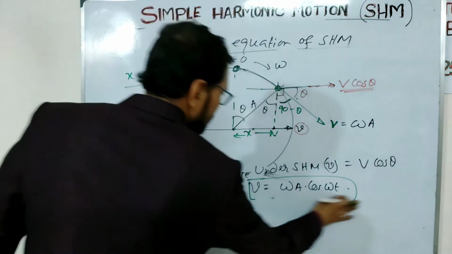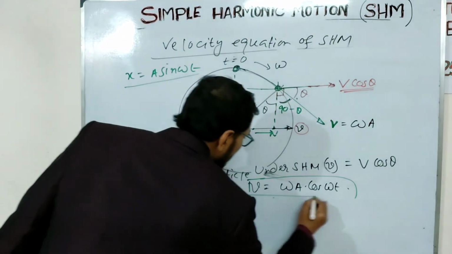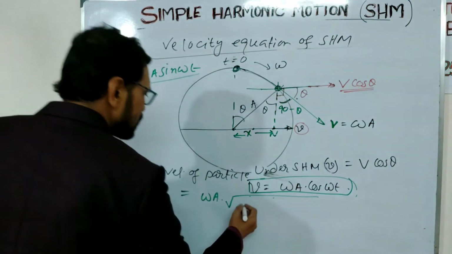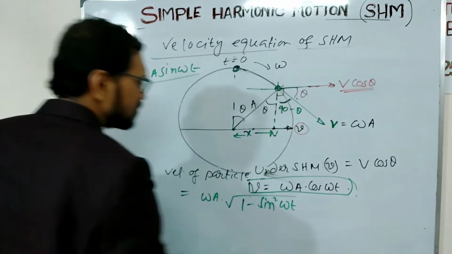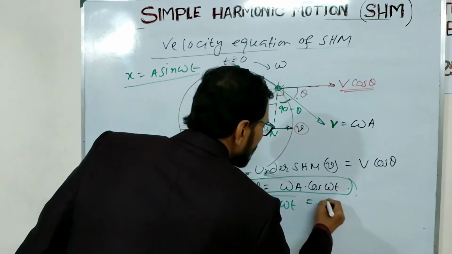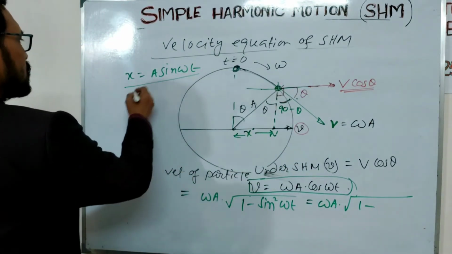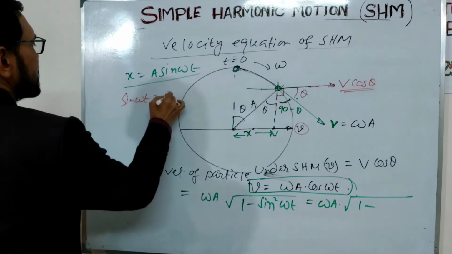So put here omega a into root over cos omega t. Cos squared omega t equals 1 minus sin squared omega t. Sin omega t equals x by a.